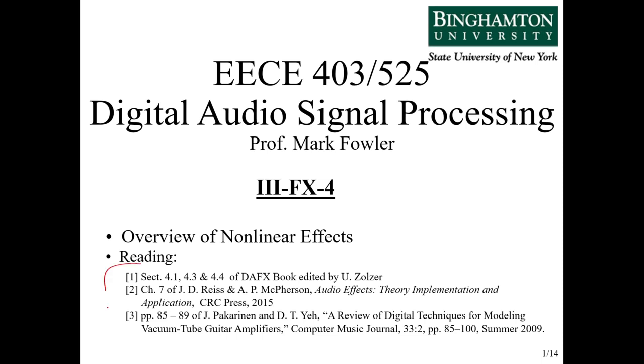Got a few readings here, the DAFX book, the Rice and McPherson book, but there's a really nice paper here by Pekarinen and Ye, which just kind of gives a review of some of these ideas. So I'm going to be drawing pretty heavily from this one as well as the other two a little bit.